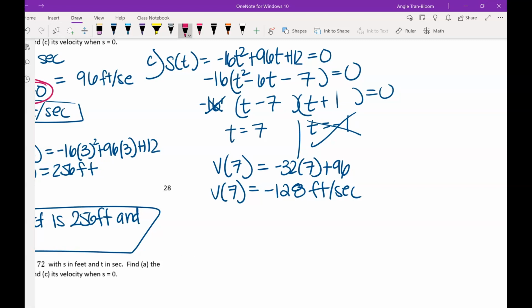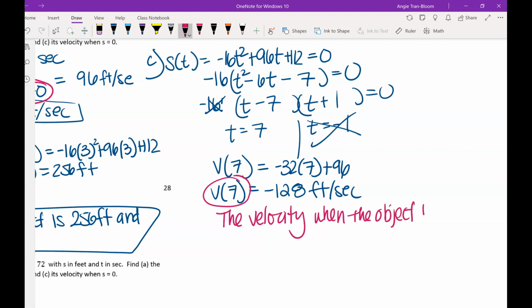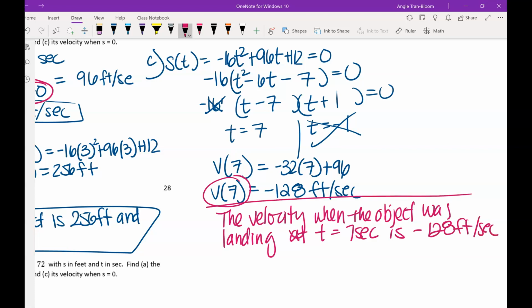Now it was landing in 7 seconds, so that's why the velocity is negative. So the velocity when the object was landing at t equals 7 seconds is negative 128 feet per second. Right? So again, velocity can be negative.